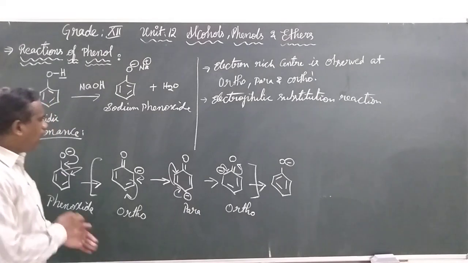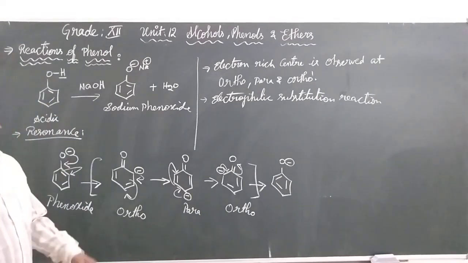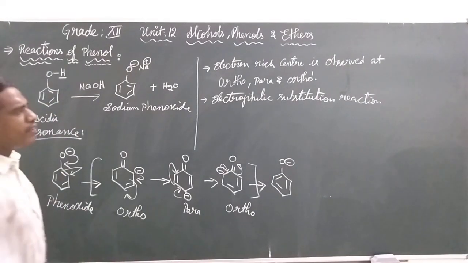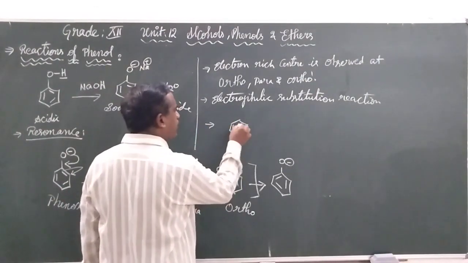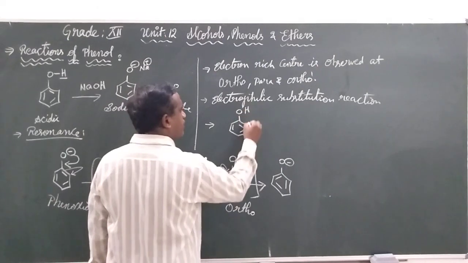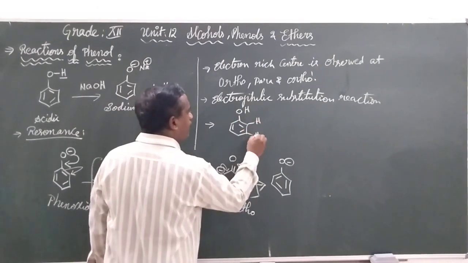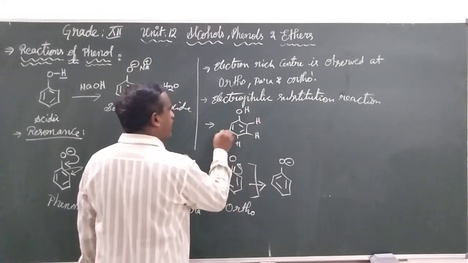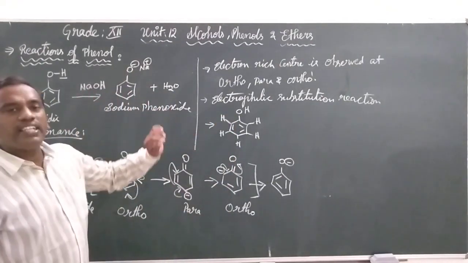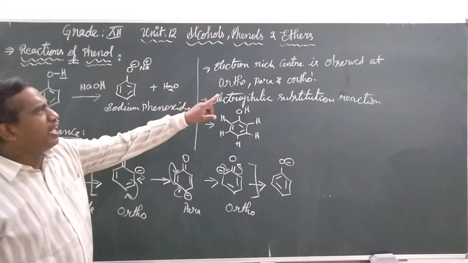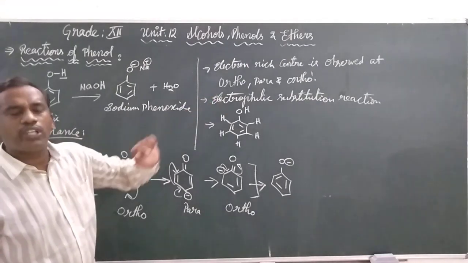In benzene we know there is C6H6, but in phenol one of the hydrogens was replaced by OH, and still there are 5 hydrogens. In which places is it undergoing the electrophilic substitution reaction?